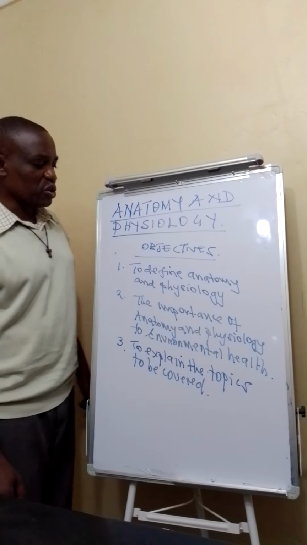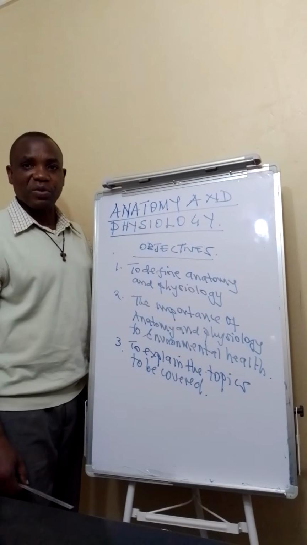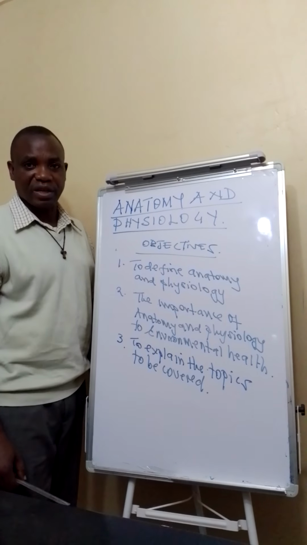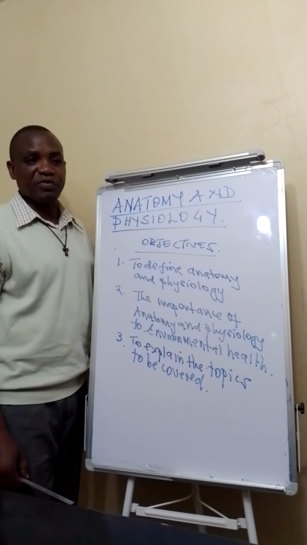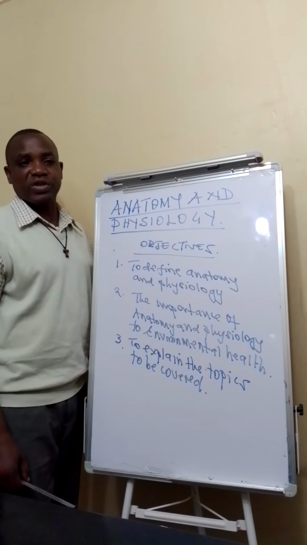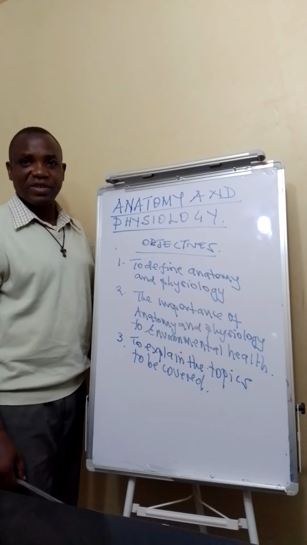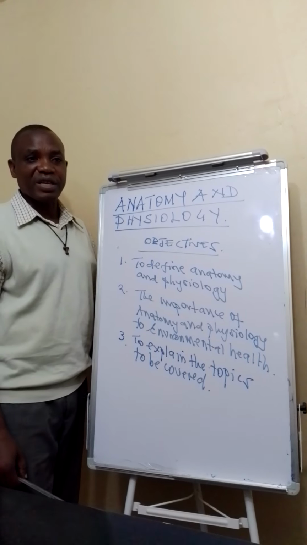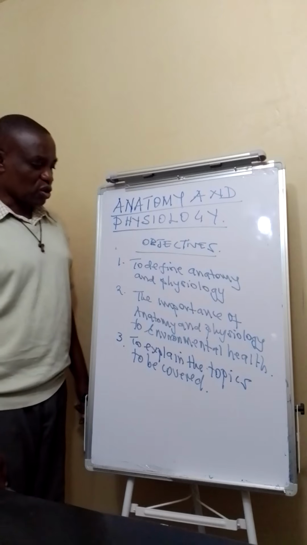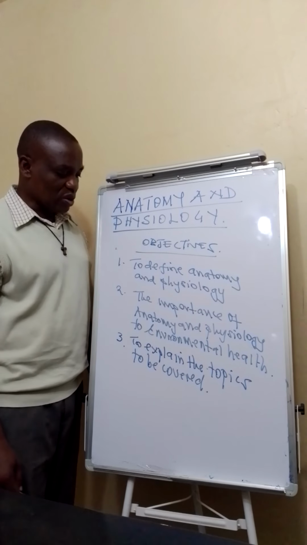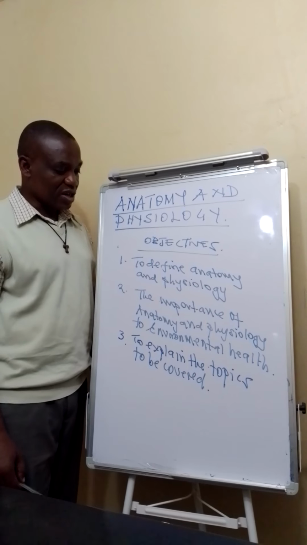Then when it comes to physiology, physiology is the study of the functional components of the body. So when you talk of the function of the body, for example, if you say the eyes are used to see, then you are describing the organ as an eye, which is an anatomic structure, then its function is to see, and that is its physiology. So physiology is the functional aspect of the organs or the systems of the body.